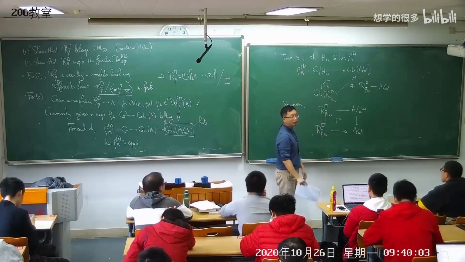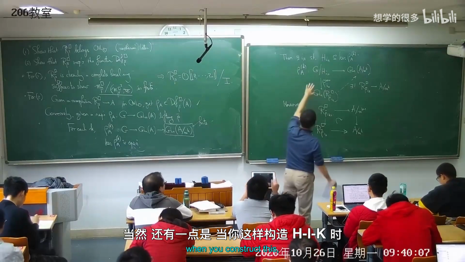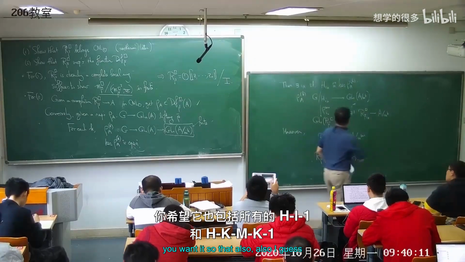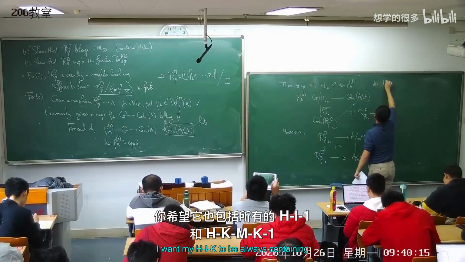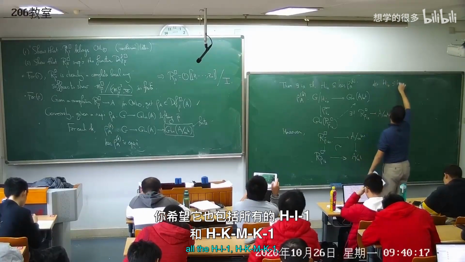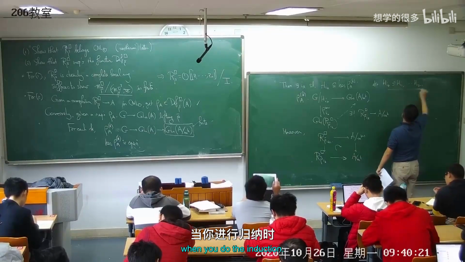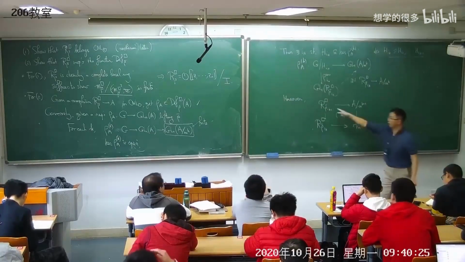Another thing is, when you construct this H_{i_k}, you want it to be contained in all the previous H_{i_1}, ..., H_{i_{k-1}}, when you do the induction, so that you do have a map from this to here.